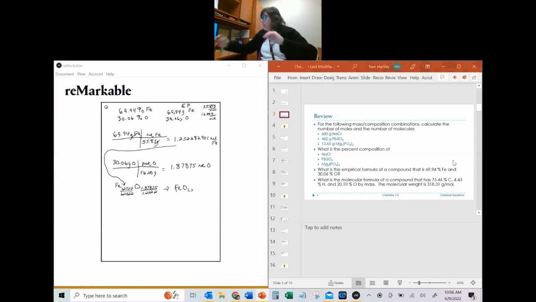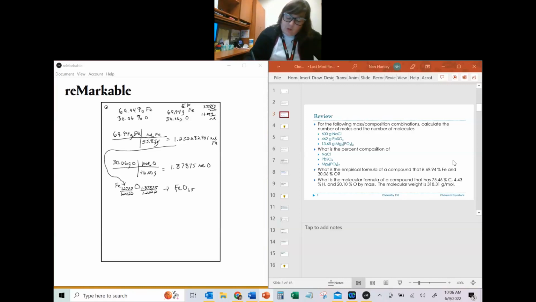Those are not whole numbers, so that is not going to work. So what we do is we multiply this, Fe2O3, so that we have a whole number ratio. And that is the correct whole number ratio for iron oxide. Okay, so that's what we were talking about there.